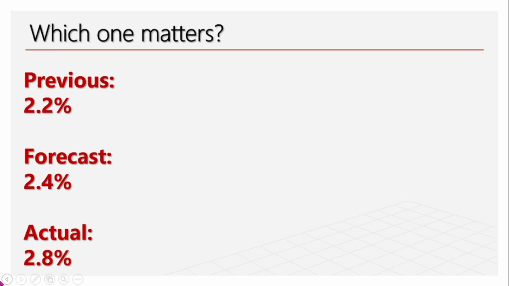If it came out to be 2.5%, you're still right. If it came out to be 2.6%, you're still right. If it came out to be 2.7%, you're still right. 2.8% would be very, very right. But if it came out below 2.4%, maybe 2.3%, even though it is above 2.2%, you are wrong.